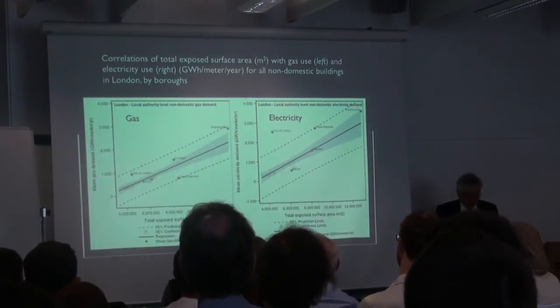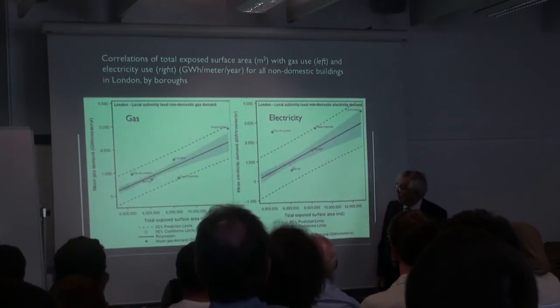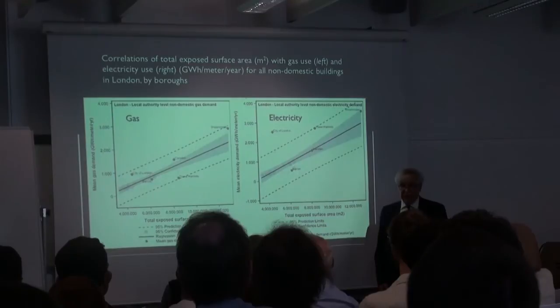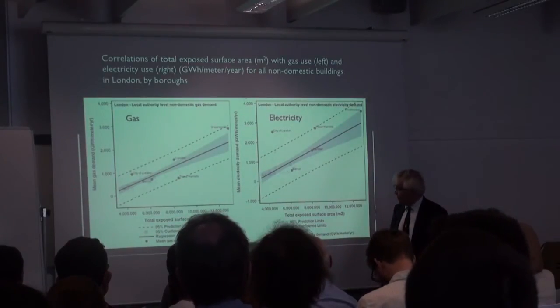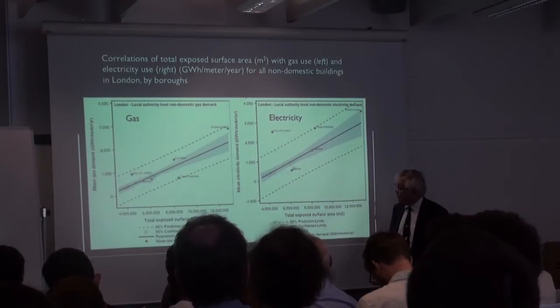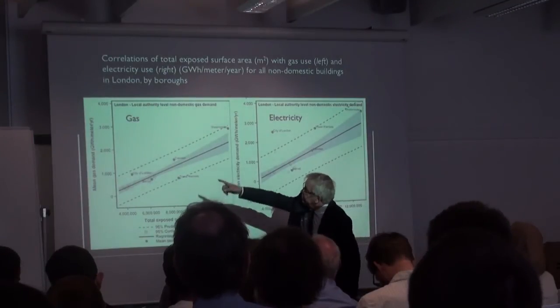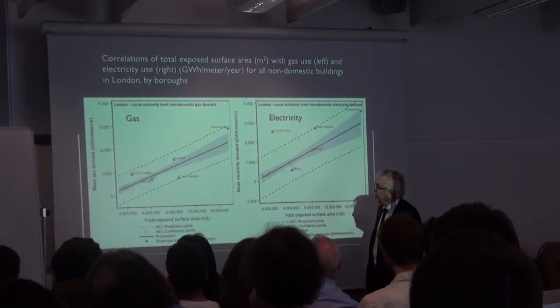And we've looked at the statistical relationships between that surface area, just surface area, not surface to volume. We don't actually have floor areas. So this is surface area to gas on the left. This is mean gas demand per meter by boroughs.